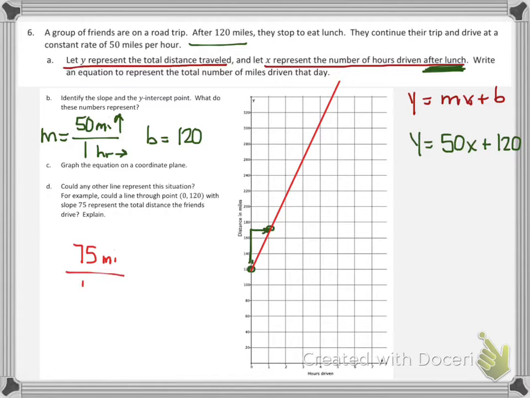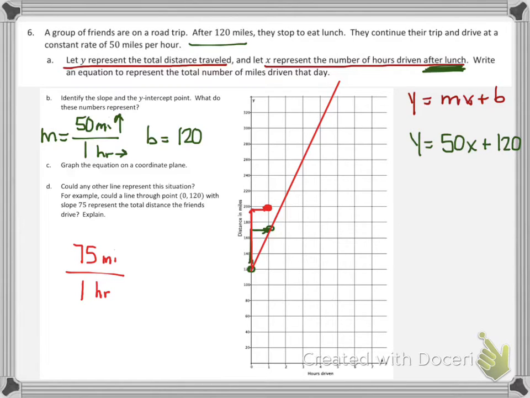If they're going 75 miles in 1 hour, then this slope is going to be different, right? Instead of adding 50, we would add 75 to 120. That would put us at 195. So we would go way up here, almost to 200, and then right one, and this would be our next point.